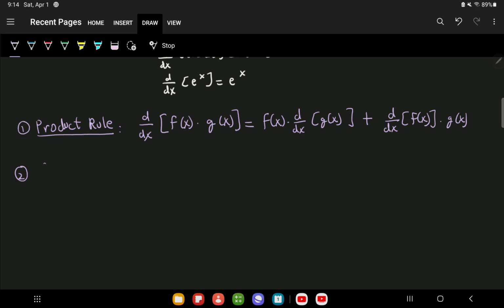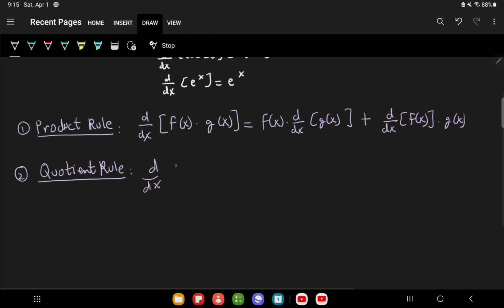Now there's also another rule. Let's consider if you are not multiplying. Suppose the question asks you about division, right? What happens when you do f of x divided by g of x? d dx of f of x divided by g of x.